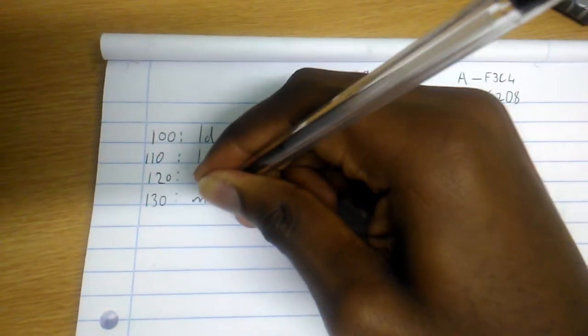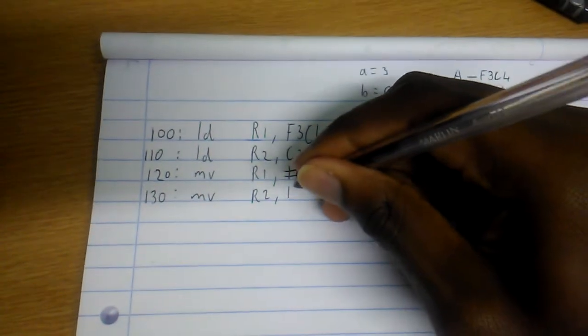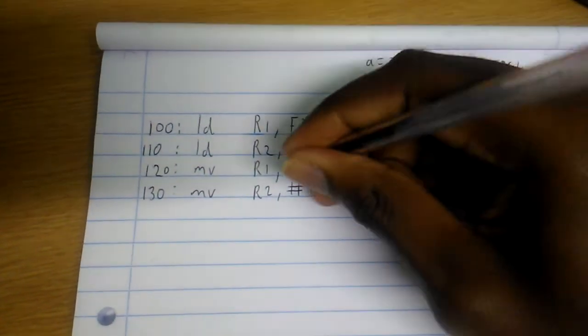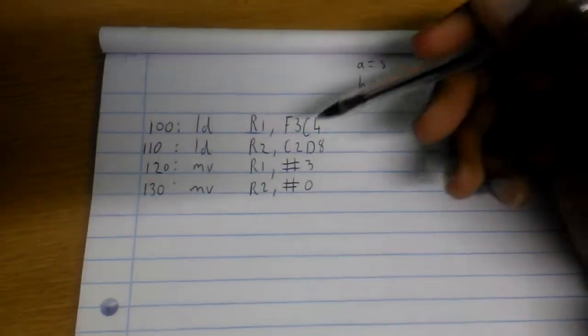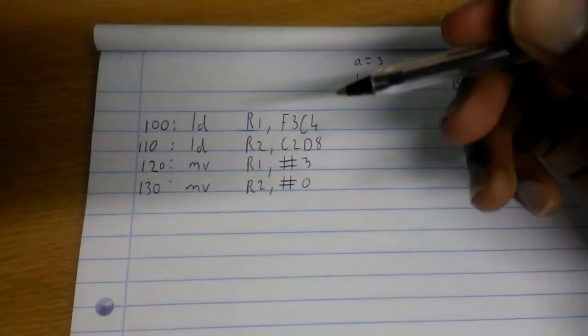And then line 130, move R2, which is B. So move the value 0 into R2. Now you got two registers which have both the variables, which are declared as integers, and the values which have numerical numbers in them.